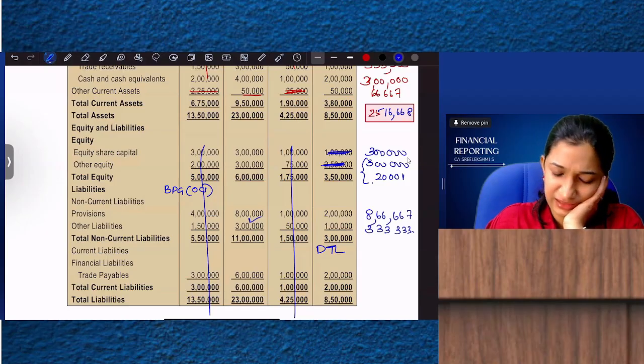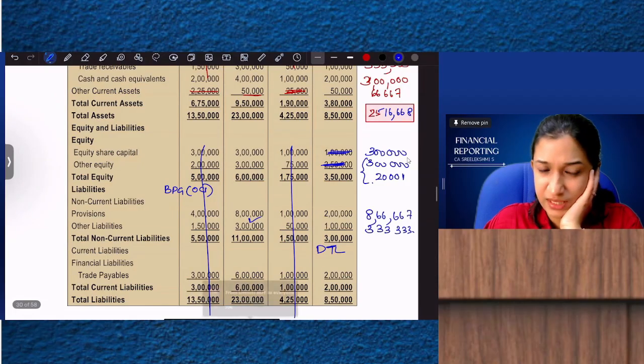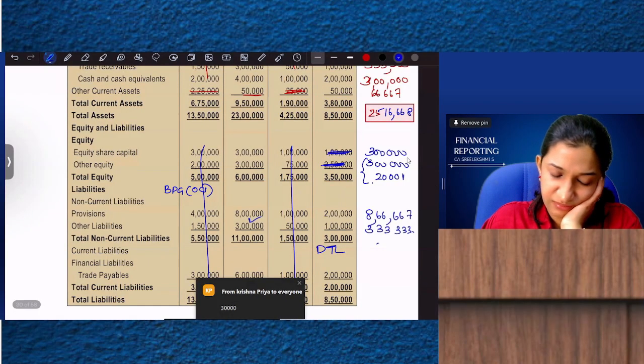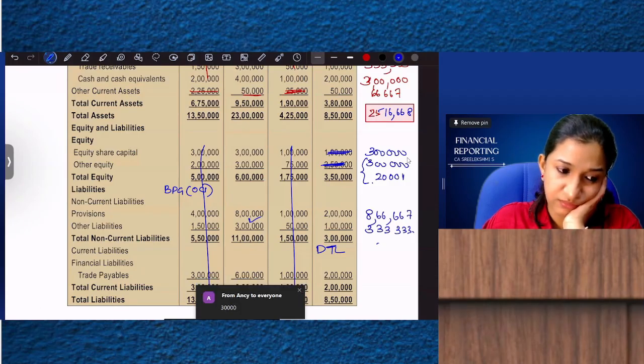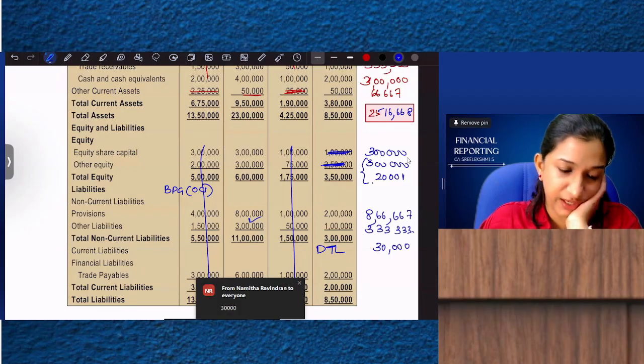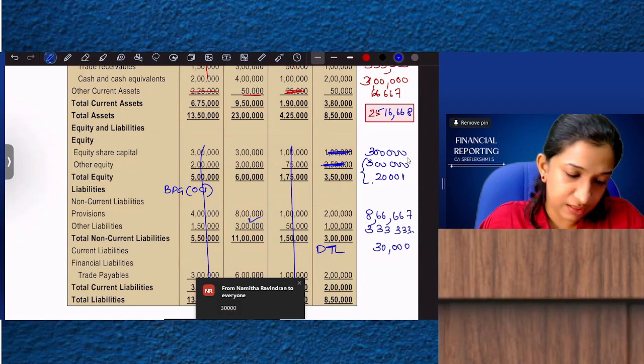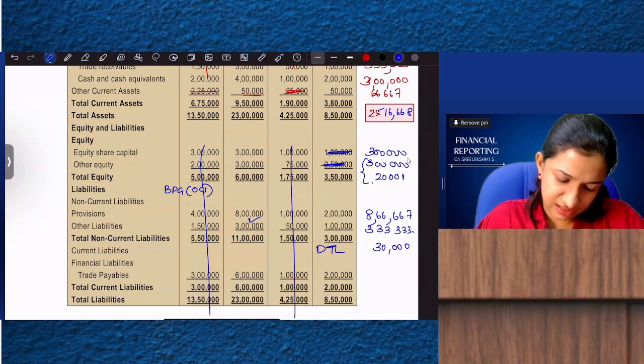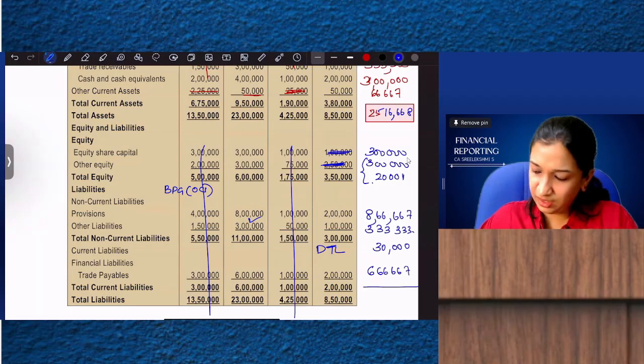How much is the DTL? DTL to be presented is 30,000. Okay, thank you. And trade payables, we need to show trade payables 6 lakh 66,667. I think that's done.